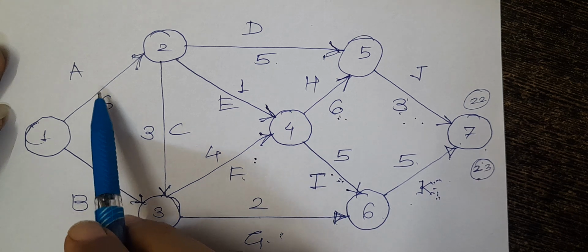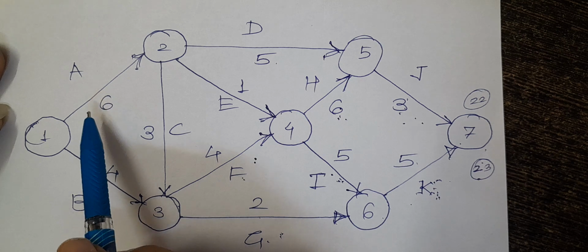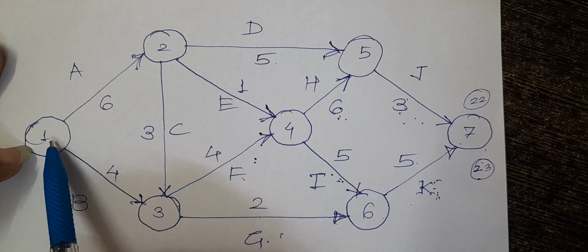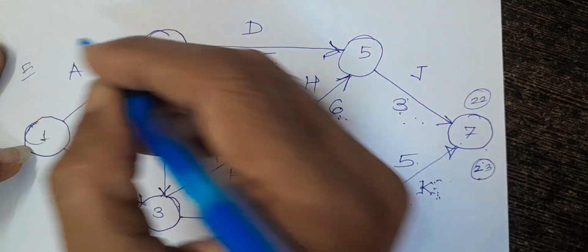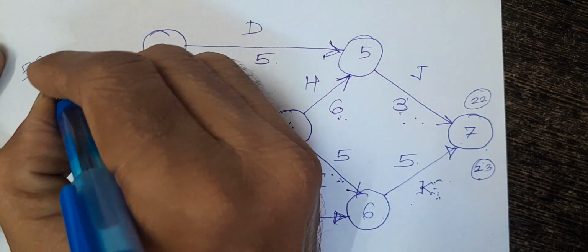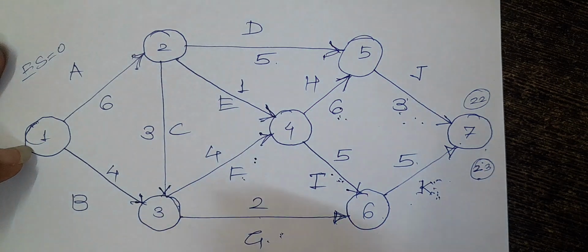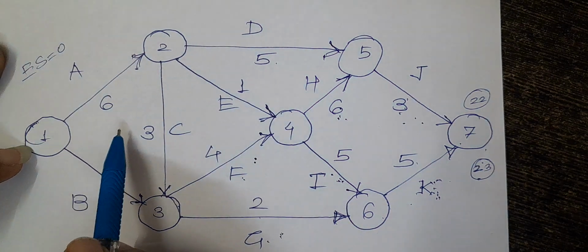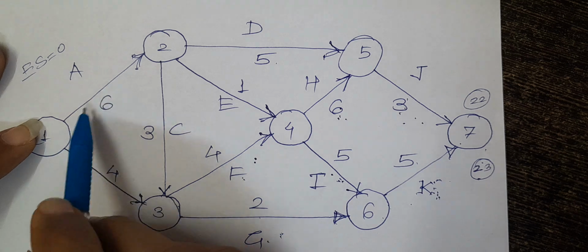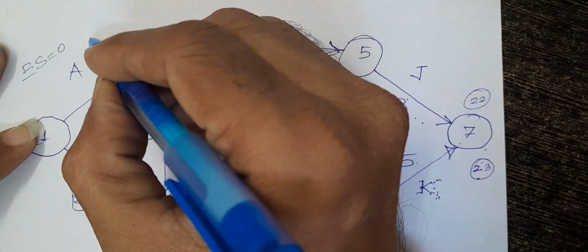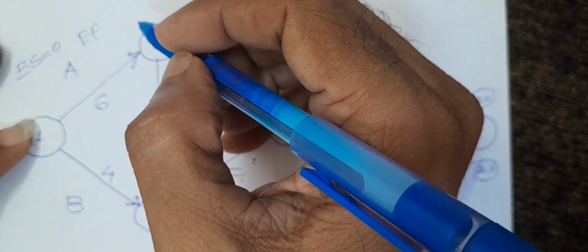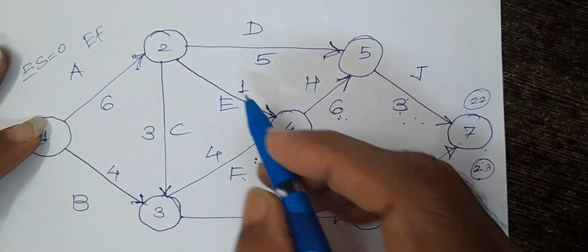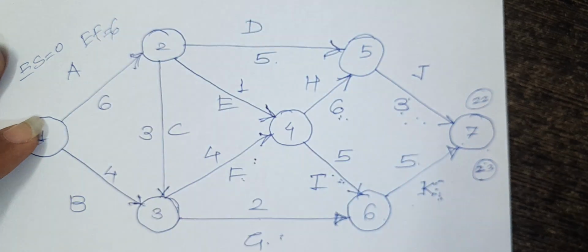So this can start at any moment, so the earliest start for this activity is 0. And the earliest finish? The time required for this is 6, so the earliest finish is 6.